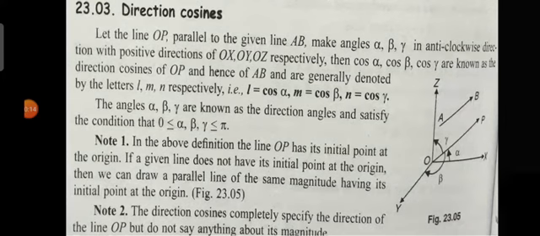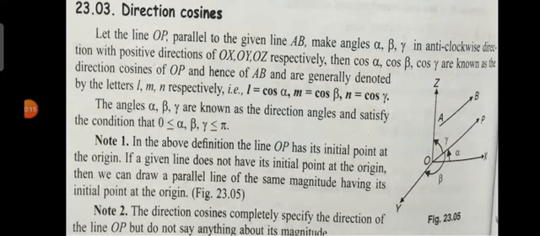And direction cosines. Direction cosines means that coordinates have been given, and what do the cosine functions mean? The line OP is drawn from the origin parallel to the line AB.